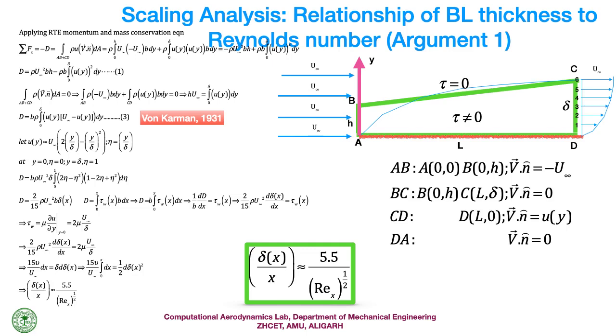There is no mass flow or momentum transfer across the streamline, and the shear stress above that is zero, but shear stress inside the ABCD control volume is not zero, nor is it at the surface AD. CD is basically the boundary layer thickness. The length CD is the boundary layer thickness, and AB is a certain H, just to define that.